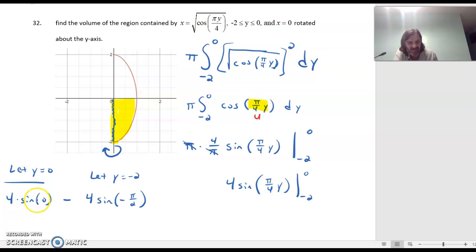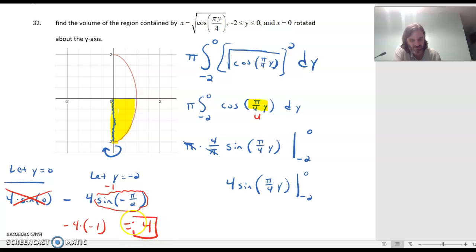So 4 times the sine of 0, the sine of 0 is 0, so it goes away, and then minus 4 times the sine of negative pi over 2. The sine of negative pi over 2 is -1. So we got -4 times -1. So the end result will be 4.